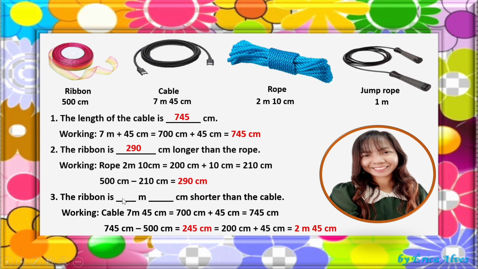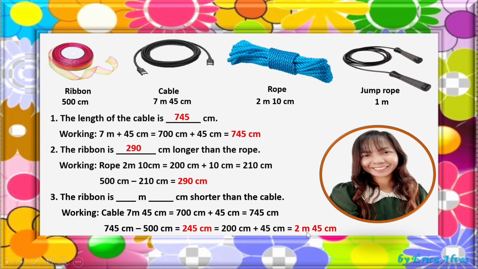But then, in the question here, we have two blocks. Which means you have to convert back the length into meters and centimeters. So 245 centimeters, when you break it down, is 200 centimeters plus 45 centimeters. The 200 centimeters is 2 in meters.